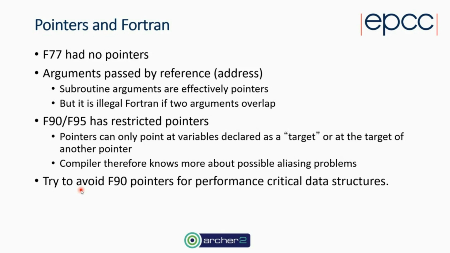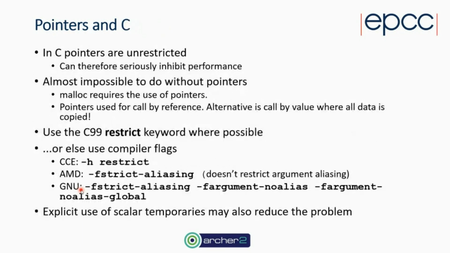Fortran is a little bit better at optimizing around pointers, because they are more restrictive than in C: you can only point at particular variables which are known as targets, so the compiler has more chance of optimizing everything else. But in C, they really are unrestricted, so lots of use of pointers can seriously inhibit performance.